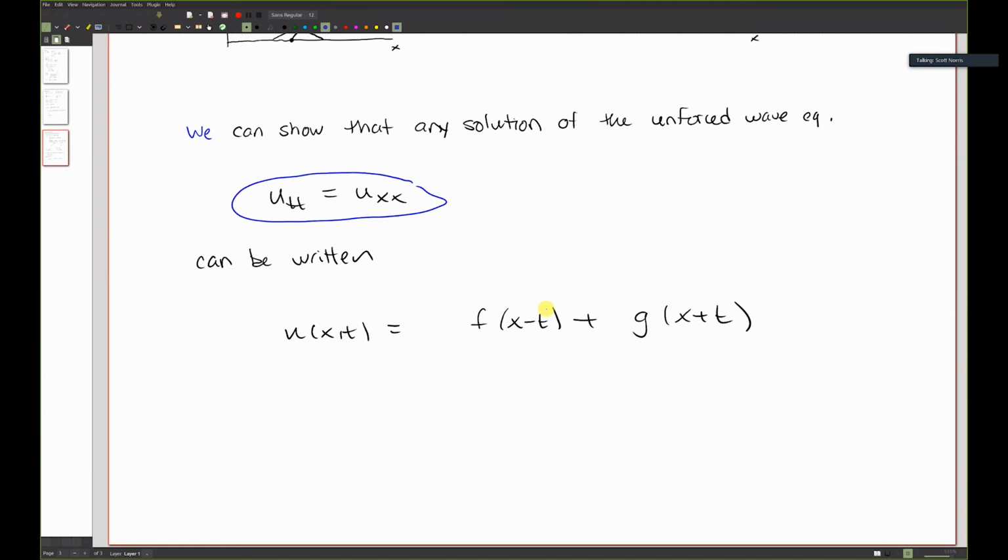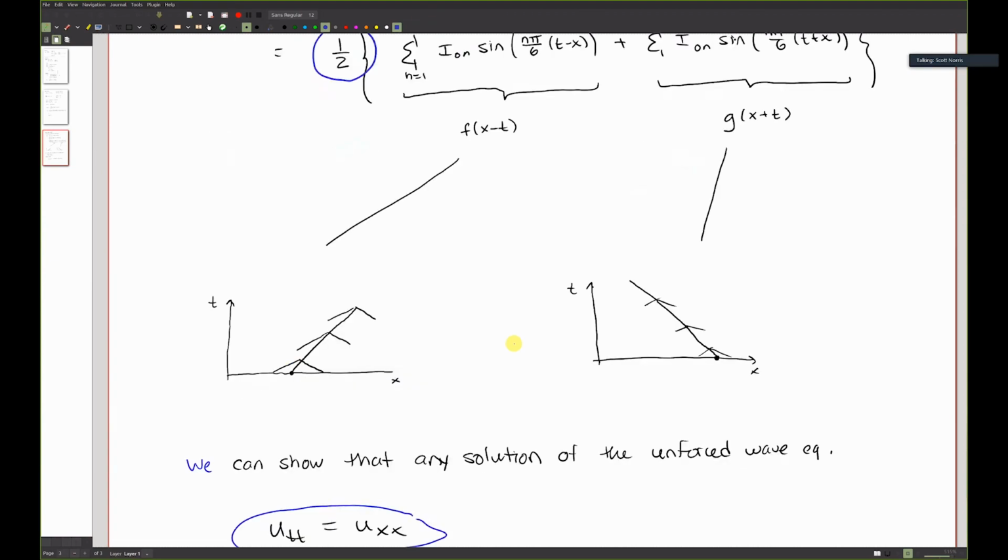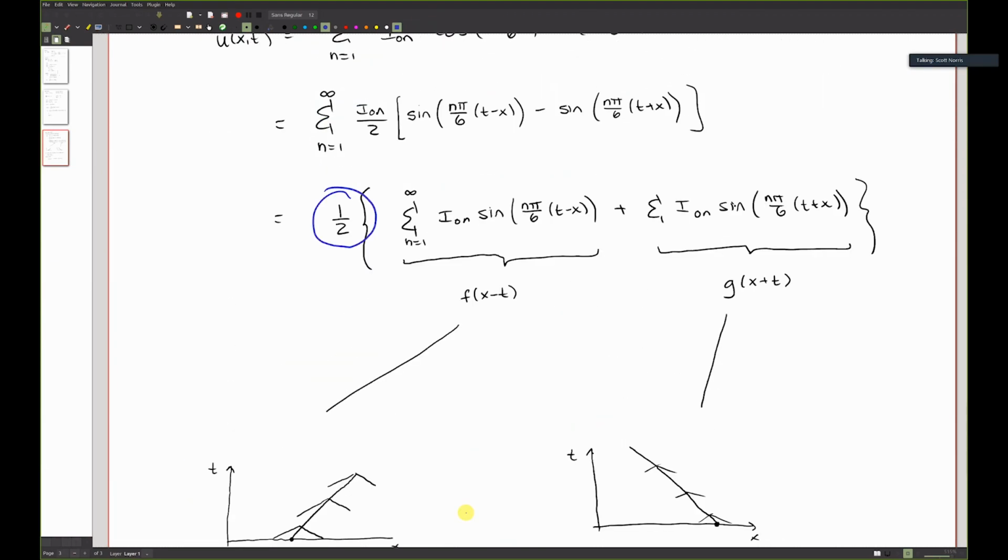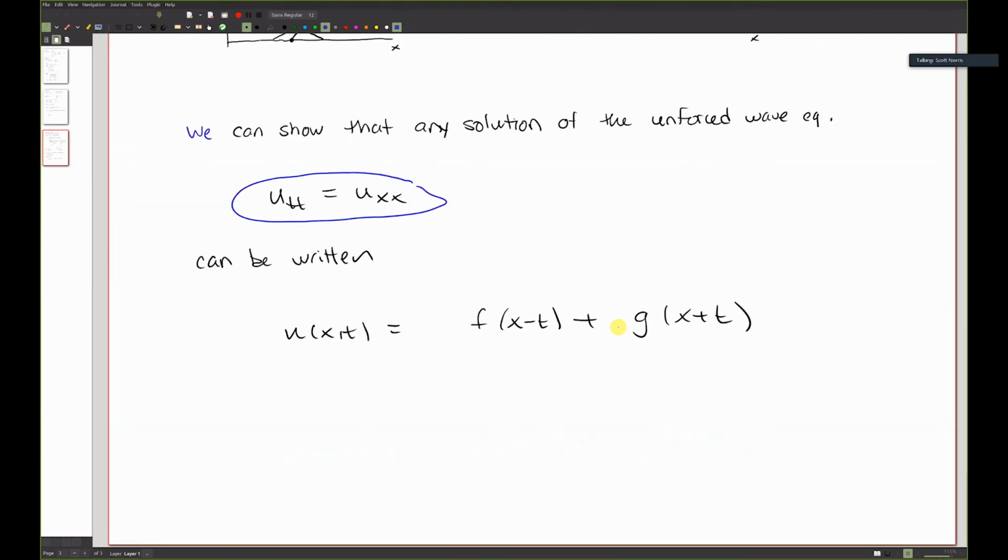And this leads to a method of thinking about this unforced wave equation called the method of characteristics, which is the topic of Unit 6. I'm not going to say anything more about that, but to pose this possibility that this unforced wave equation has, in the end, this very simple structure that we can exploit in Unit 6.